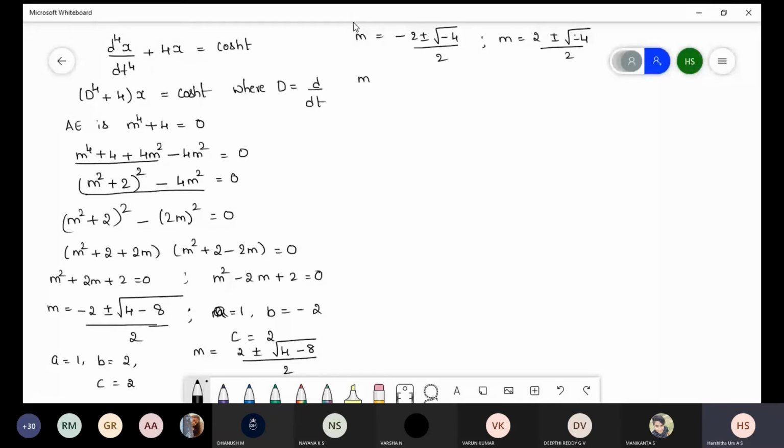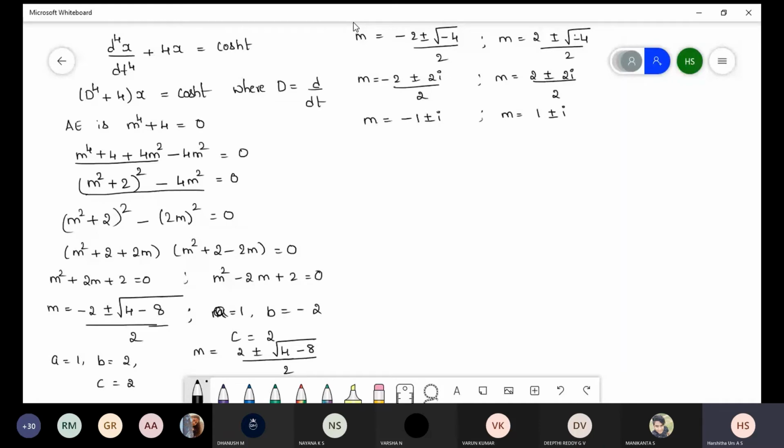Root of minus 4 is 2i, because minus we can write in the form of i square. So root 4 is 2, i square root is i. So we got m is equal to minus 1 plus or minus i. Take out 2 as a common, 2 will get cancelled, remaining will be 1 plus or minus i.